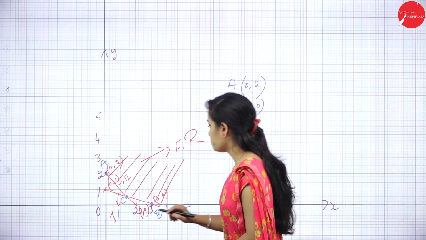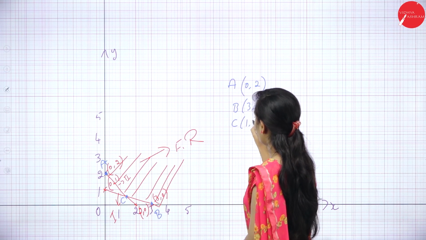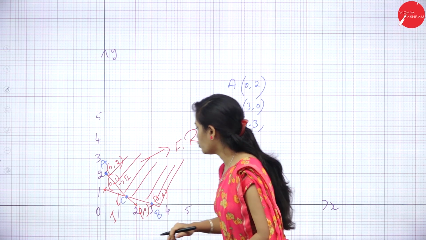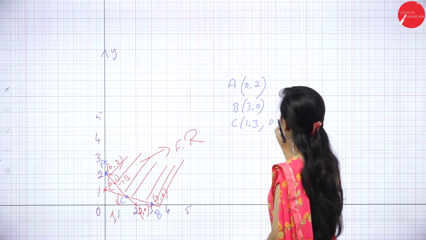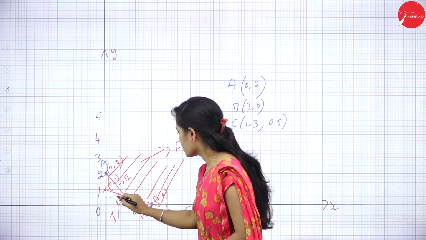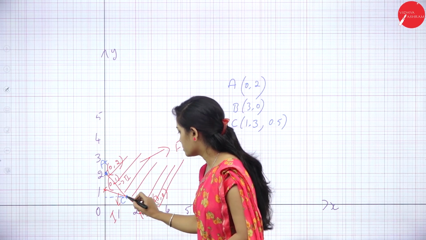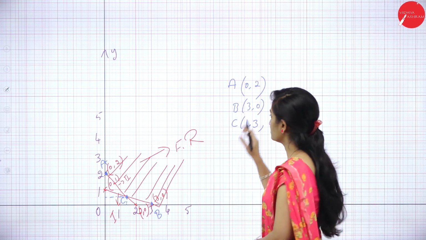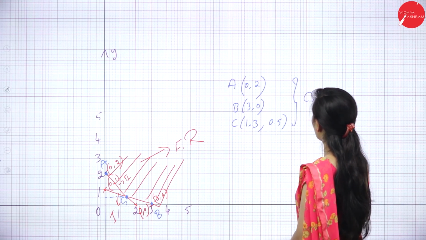The third one is (1.3, 0.5). So this area is the common points. Here we got 3 common points.